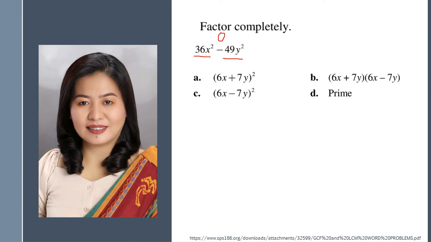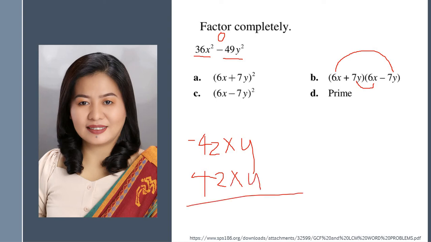And letter B, that's negative 42xy, and the other middle term is a positive 42xy. So it will give us a 0, and our answer is letter B.